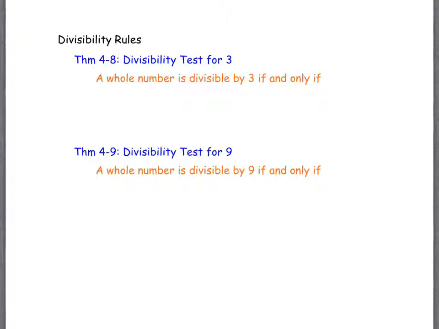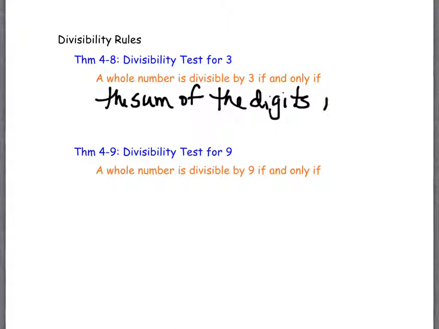Okay, so a whole number is divisible by 3 if and only if the sum of the digits is divisible by 3.